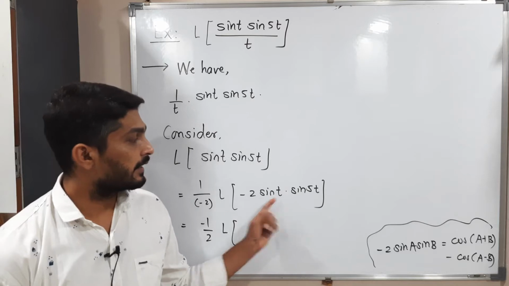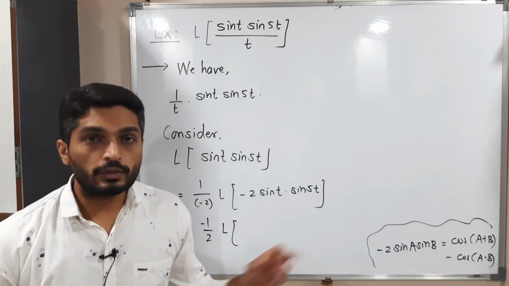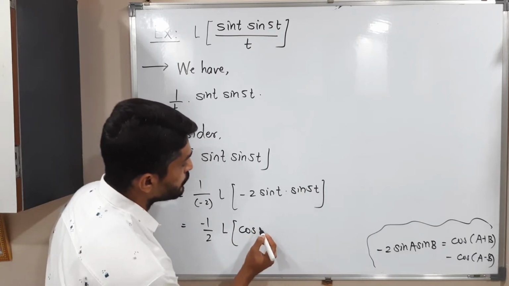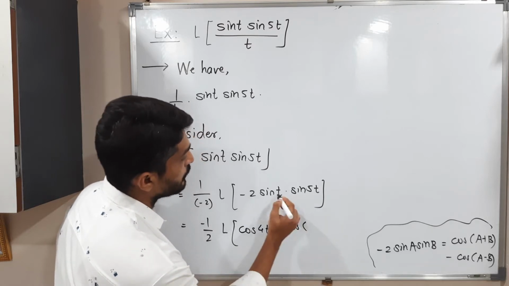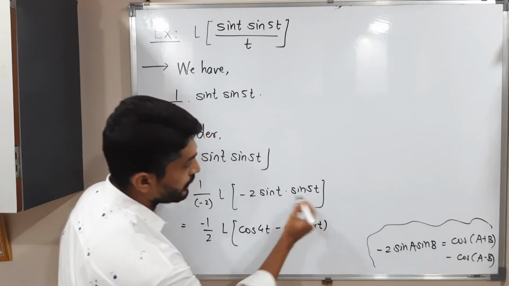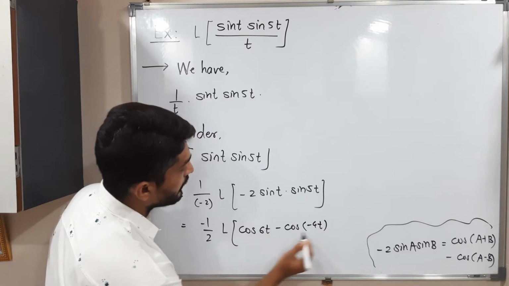What is A? A is equal to t. What is B? B is equal to φt. So that formula says cos(A+B), that means addition of these two, which is 4t... sorry, here we have to add, right? So it will be 6t, correct?